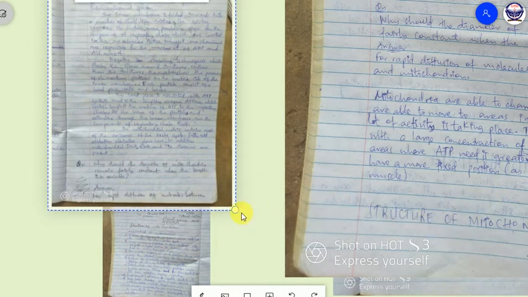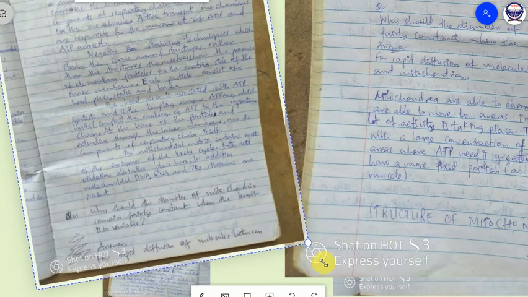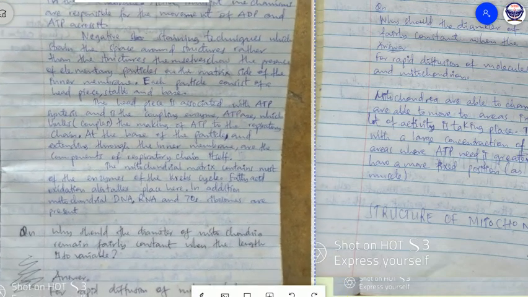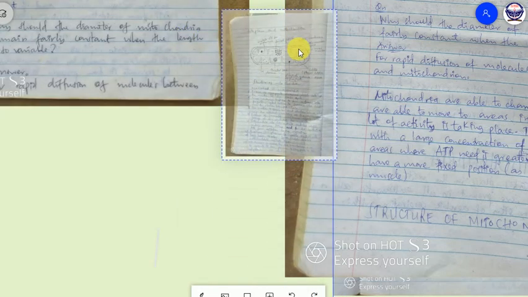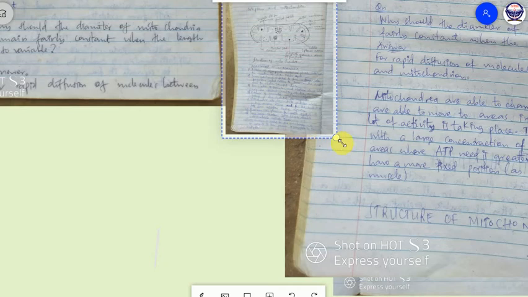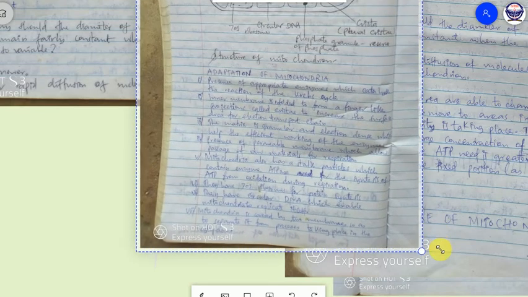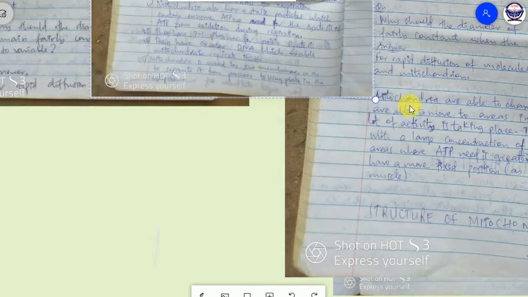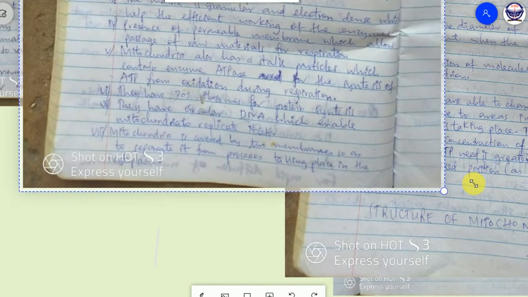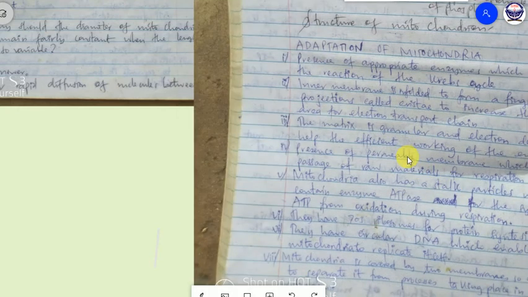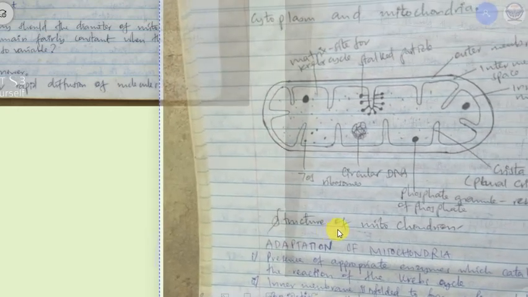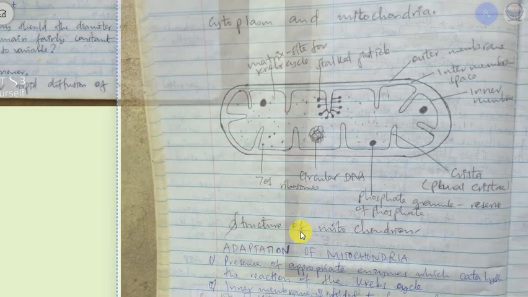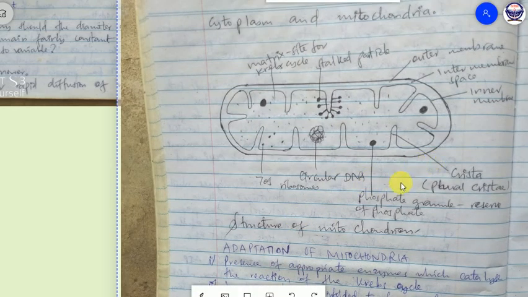Let's see the structure of mitochondria, how each mitochondrion can be seen in the electron microscope, because we know that in the light microscope we can't see the structure of each mitochondrion clearly, so we can't explain the structure based on how it is seen in the light microscope.